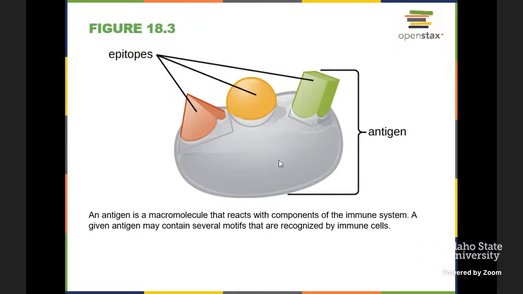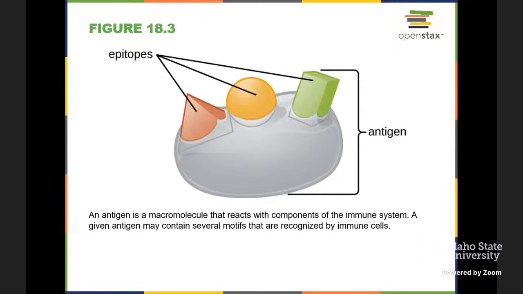All right. So we will see some of this in a second, but this to me looks like a bacterium. All right. And little bits on the surface of the bacteria, and we could call those little bits antigens. And the specific shape of that bit, a specific epitope, right? Something we could recognize. We would expect that there's probably more than one thing that we could mount a response against.